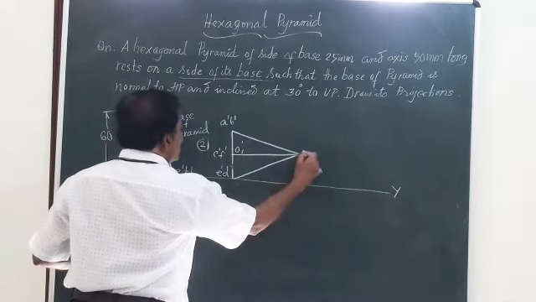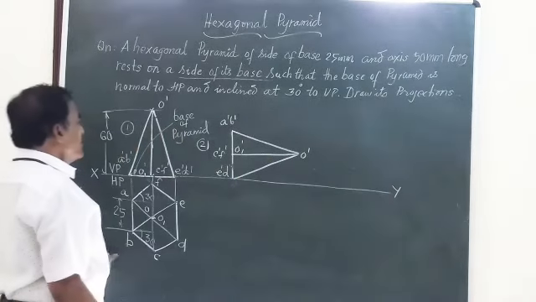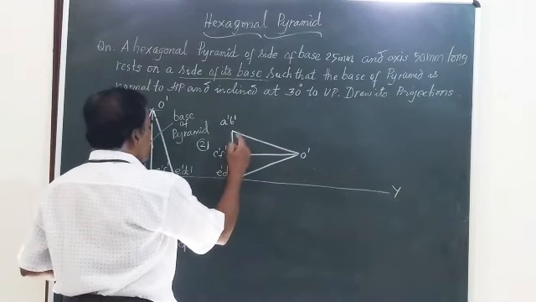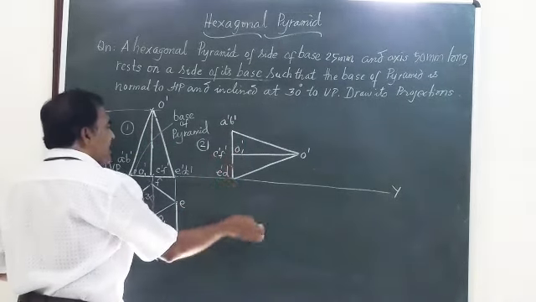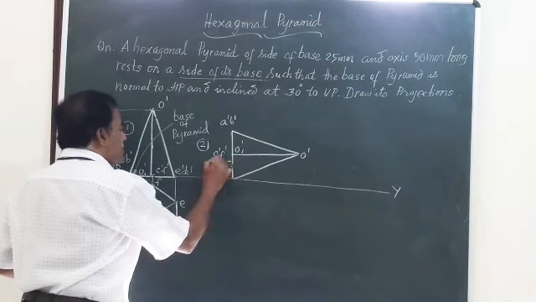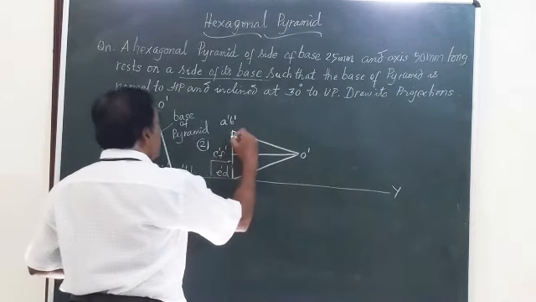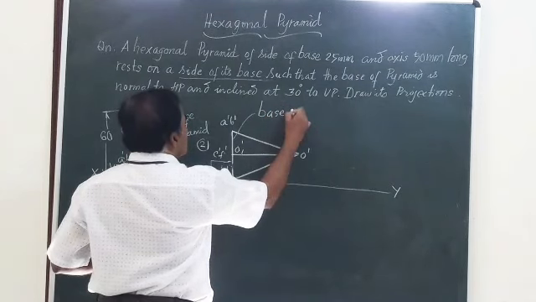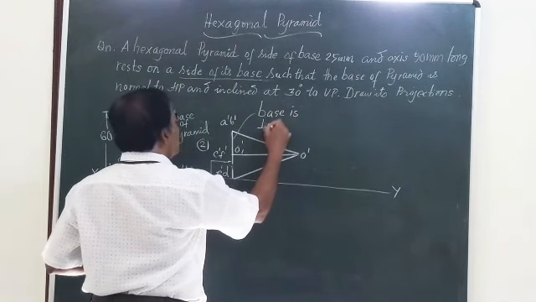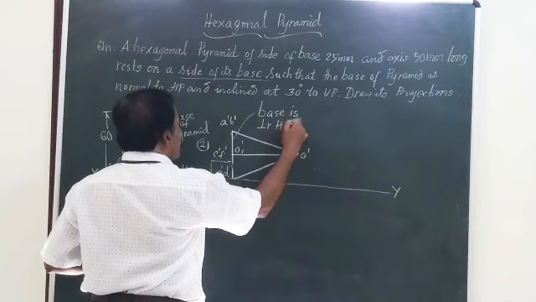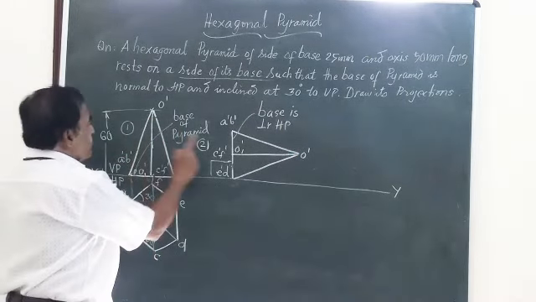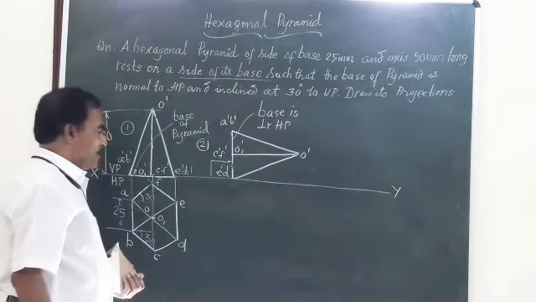This is O dash, the vertex of the solid. Now we can very easily say that the base of the solid represented by this line is perpendicular to HP. That means it makes an angle of 90 degrees with the HP. And remember, figure number 1 and 2 are exactly identical.